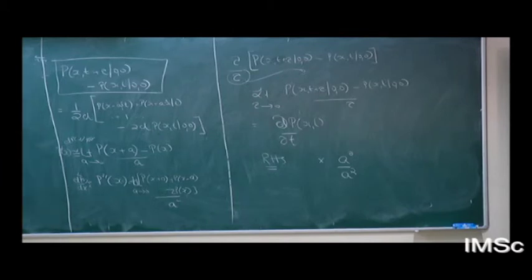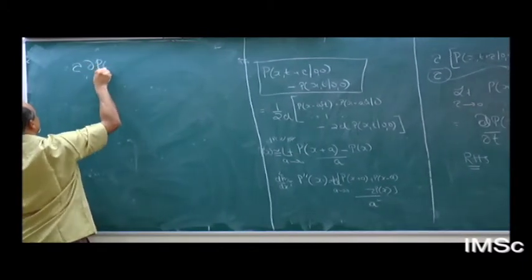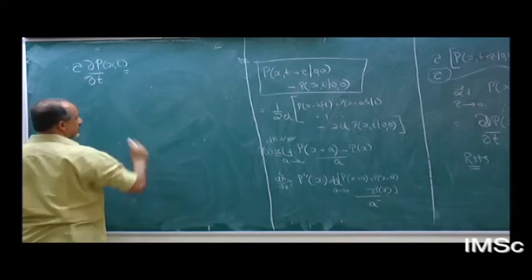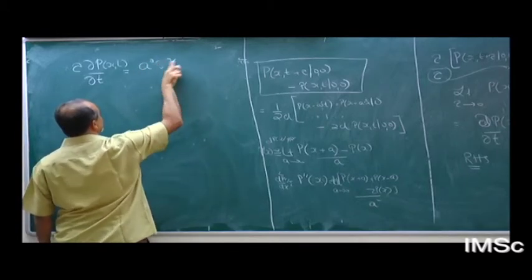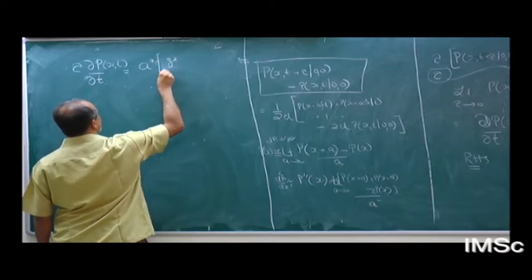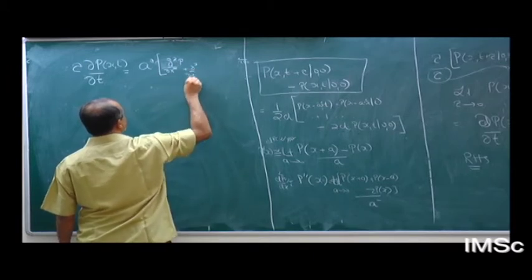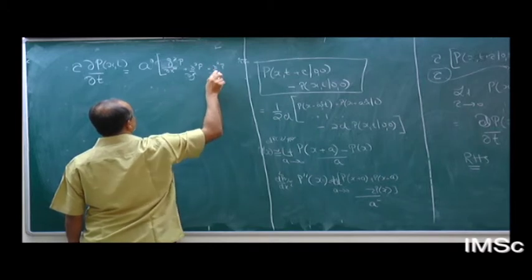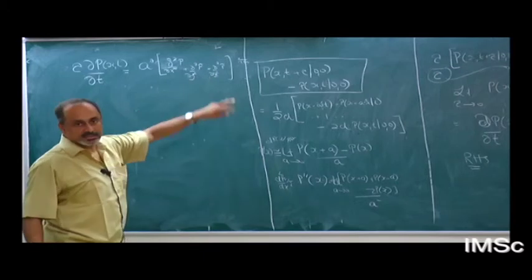So we had an extra tau sitting here. So tau times delta p of x comma t by delta t equals a squared times a whole bunch of terms, which is delta squared by delta x squared times p plus delta squared by delta y squared times p plus delta squared by delta z squared, etc. So if I just have 3 dimensions, I have a term that looks like this.